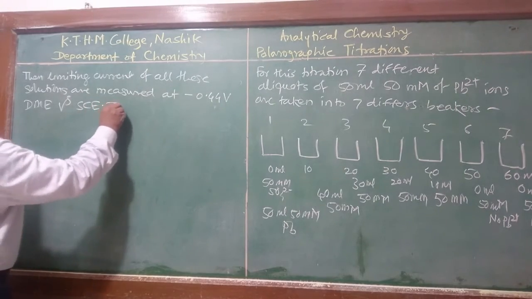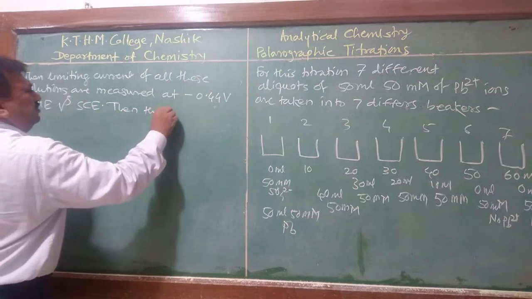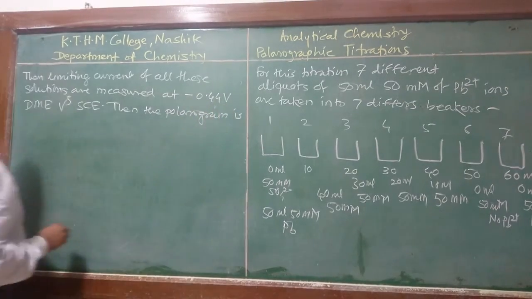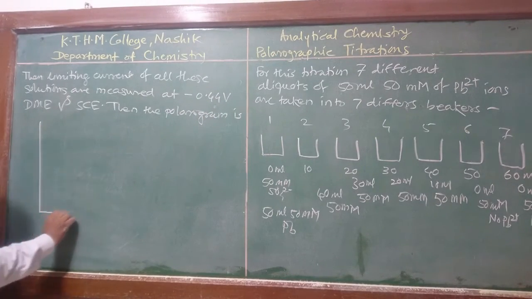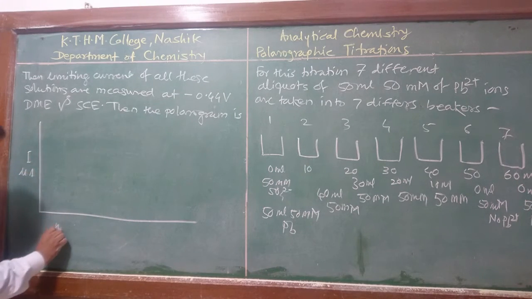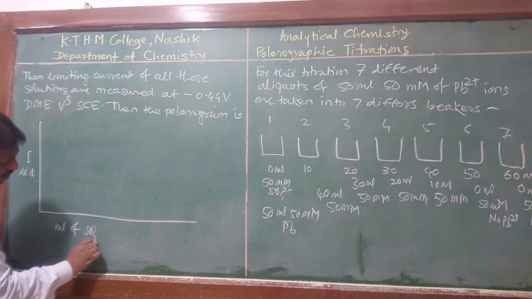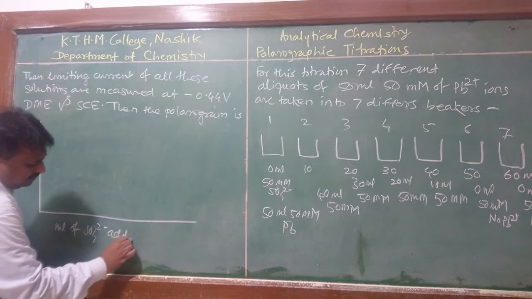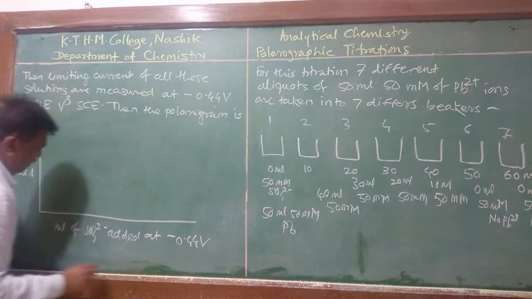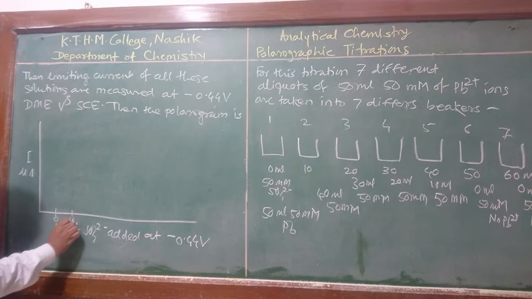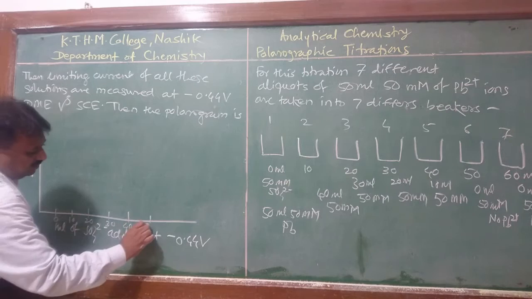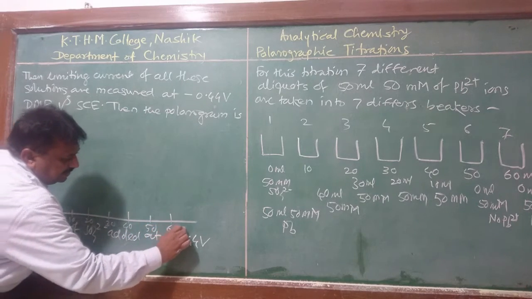Then the polarogram is here: current versus ml of sulfate ion added, SO4 added, at minus 0.44 volt. Here this is 0, 10, 20, 30, 40, 50 and 60.